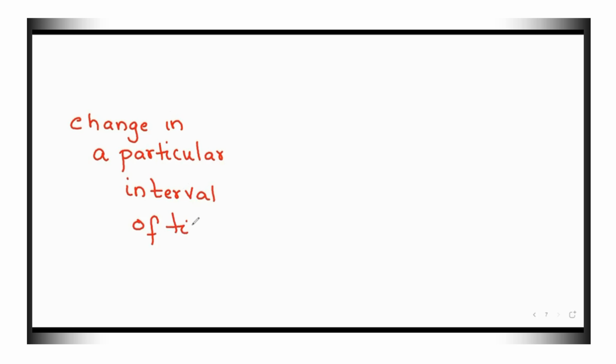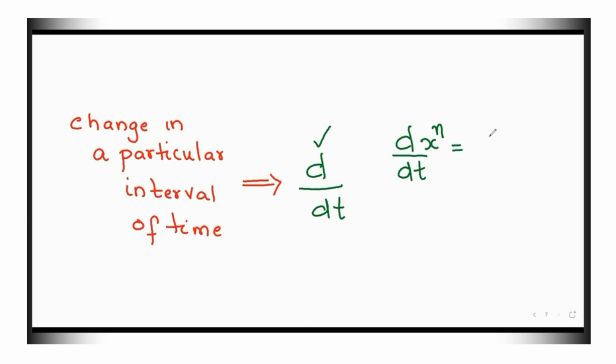We call this operator d by dt. d stands for change, and dt, the small interval of time. And d by dt of x raised to n is n x raised to n minus 1.